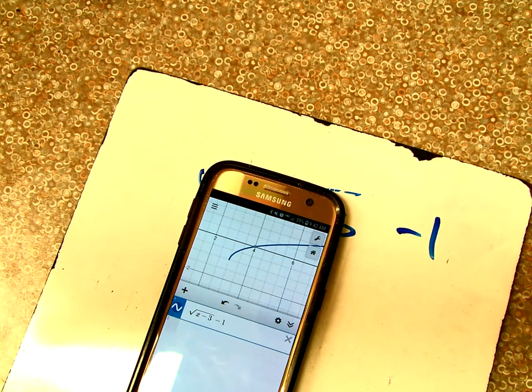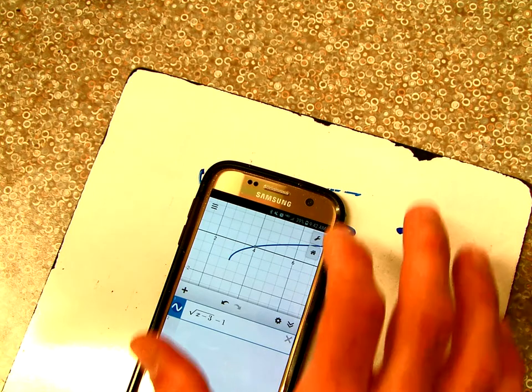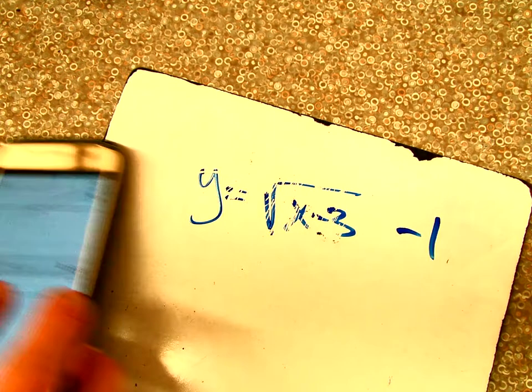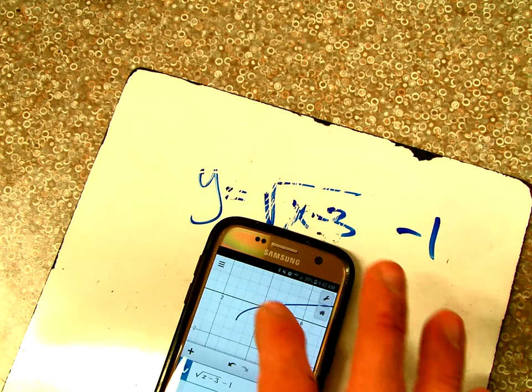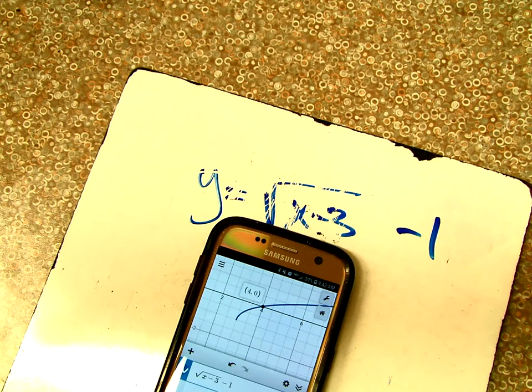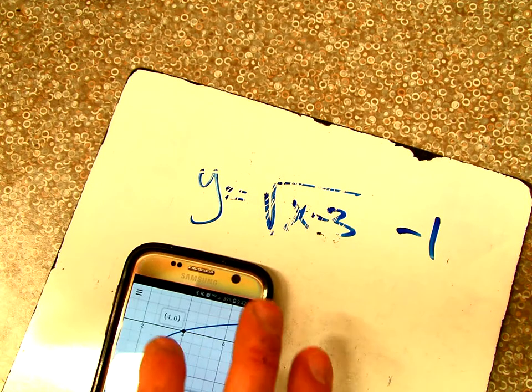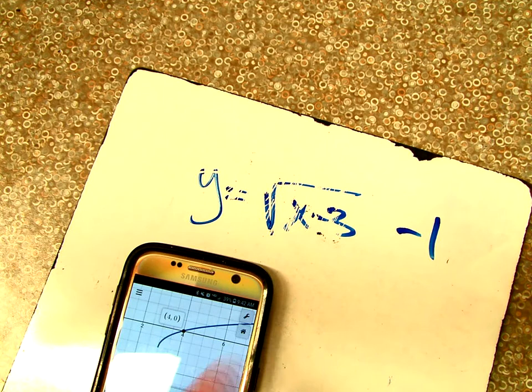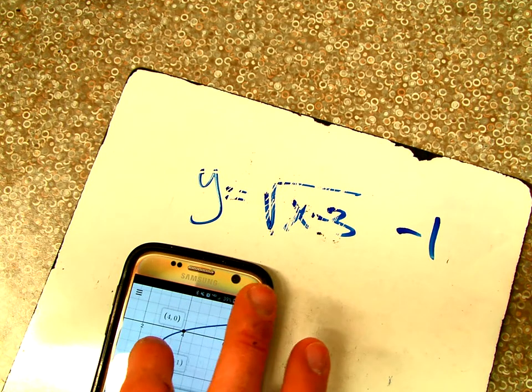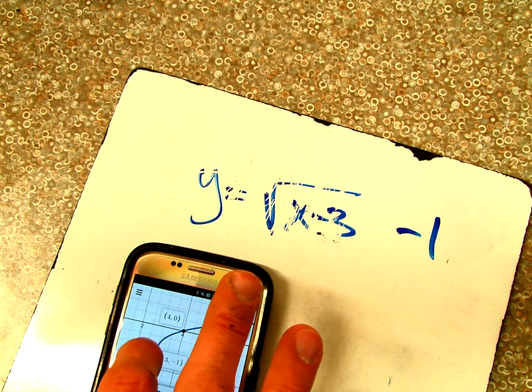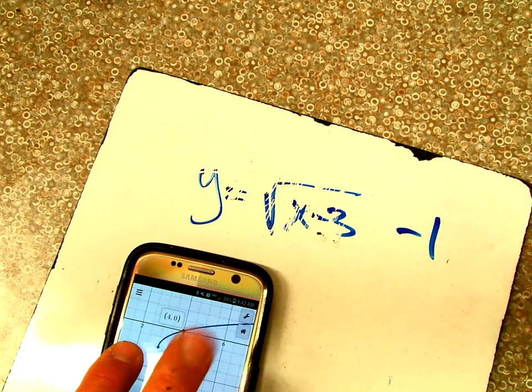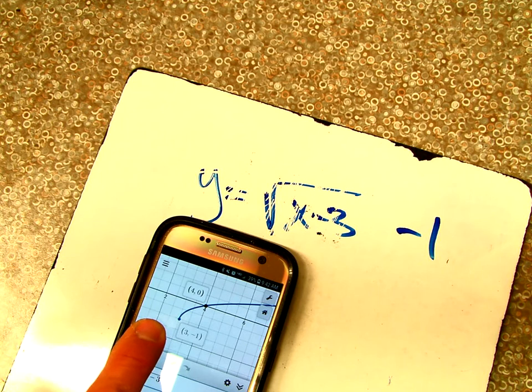But usually you just tap on it, and it'll find the point. Like to find the x-intercept, it's finding it just like that. There's the x-intercept. If I go over here to it, it says right there. You can't see it. So it says the minimum is 3, -1.